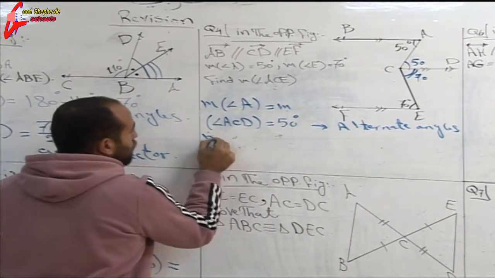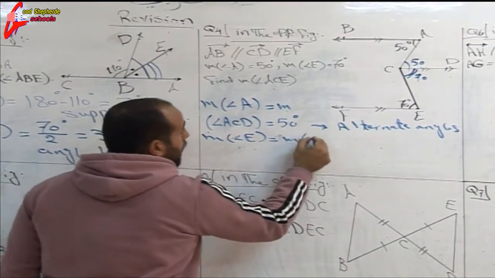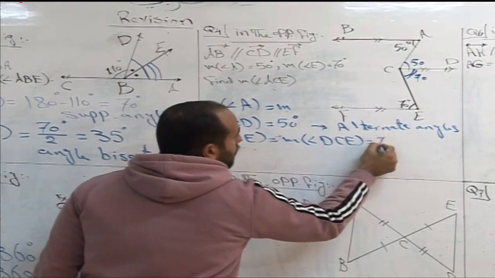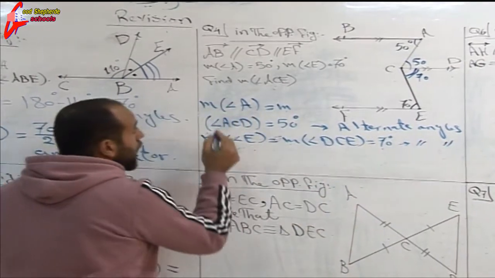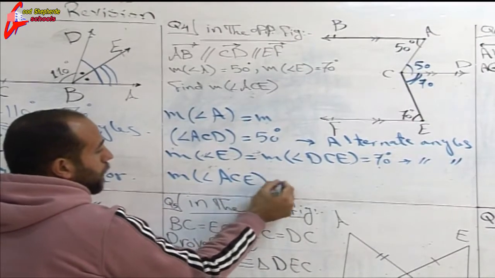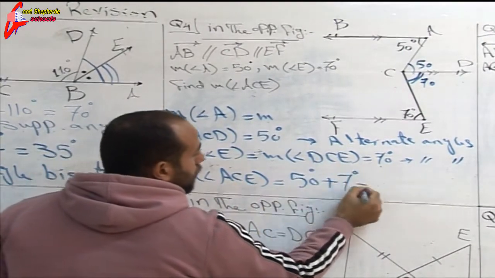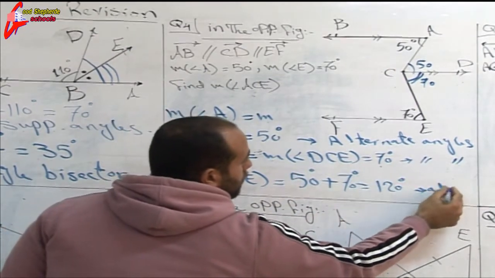And I have measure of angle E equals measure of angle DCE equals 70, also alternate angles. Now measure of angle ACE, you will add 50 plus 70, equals 120 because they are adjacent angles.